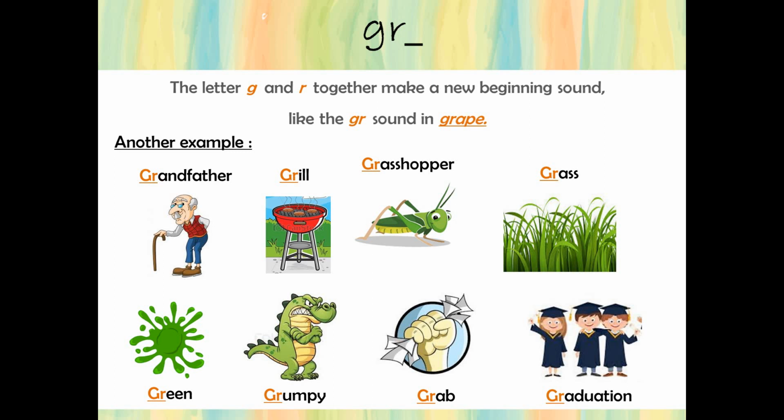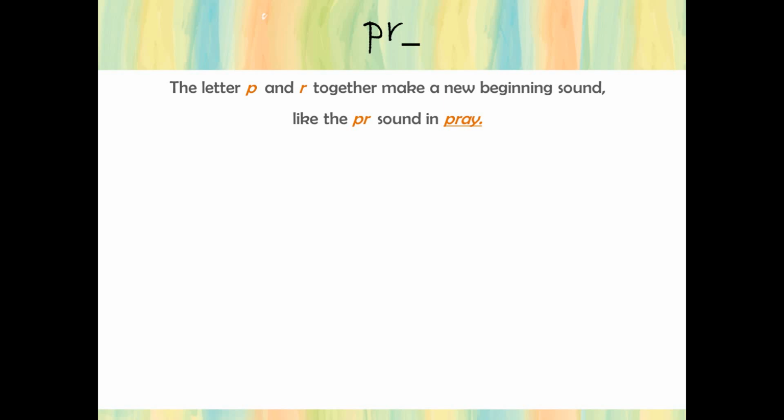Okay, now let's move on to our last beginning blend, which is pr. The beginning blend pr is made up of letter P and R. So letter P and R together make a new beginning sound like the pr sound in pray.